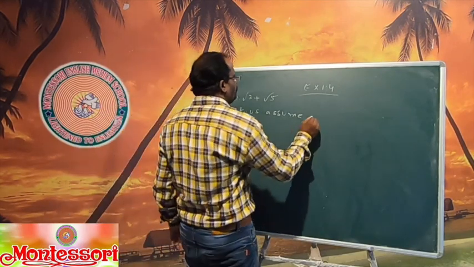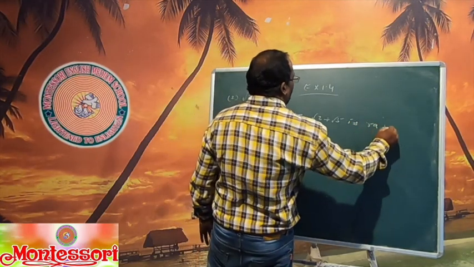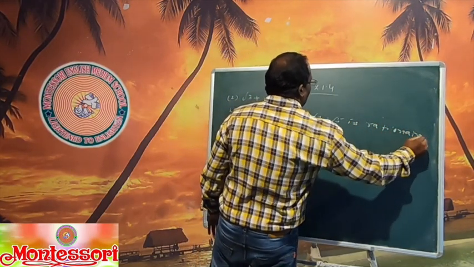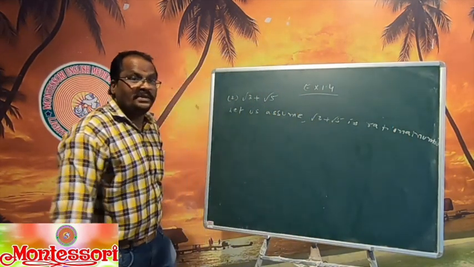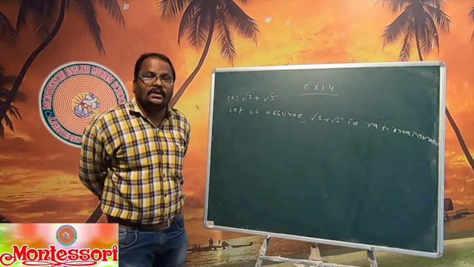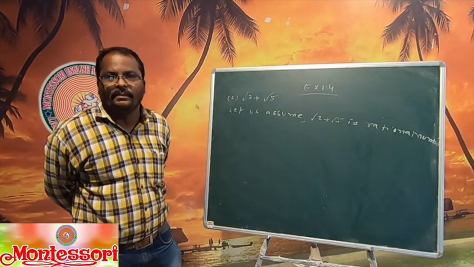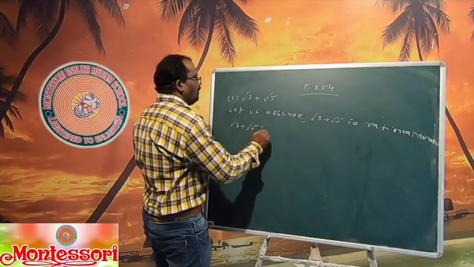Let us assume root 3 plus root 5 is a rational number. Assume means consider. What have you considered? Rational number. Whenever it is a rational number, it is of the form a by b. So root 3 plus root 5 is equal to a by b.